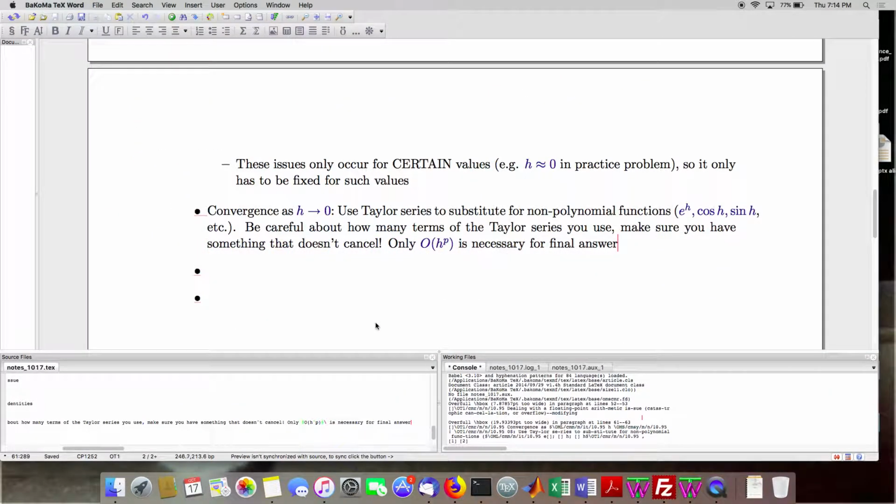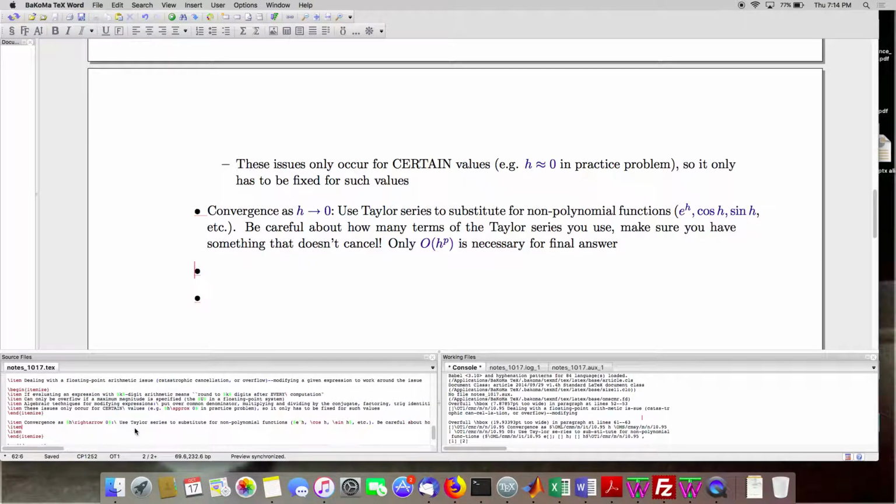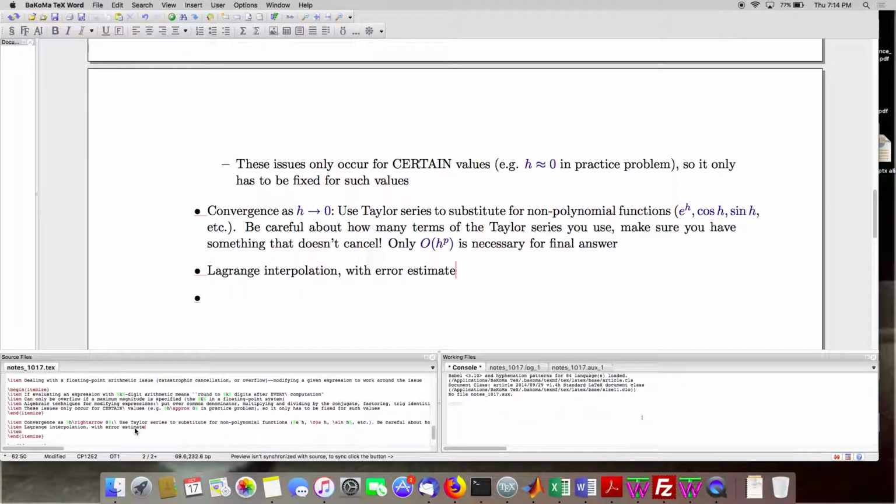Now, the next kind of problem. Lagrangian interpolation with error estimates.